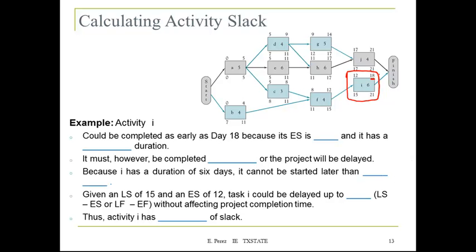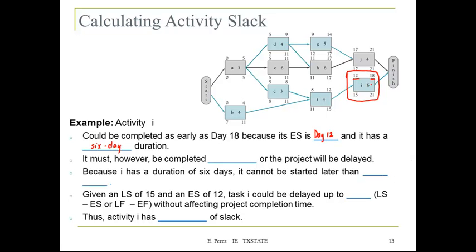So that's the earliest finish time, because its earliest start time is day 12, and it has a duration of 6 days. Okay, so we can gather that information from here: earliest start time, earliest finish time, and the duration.